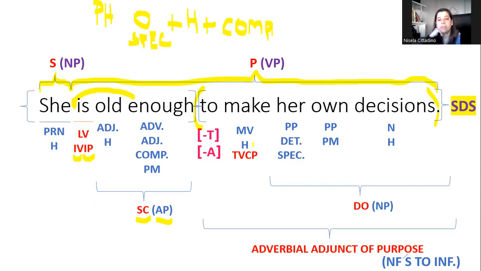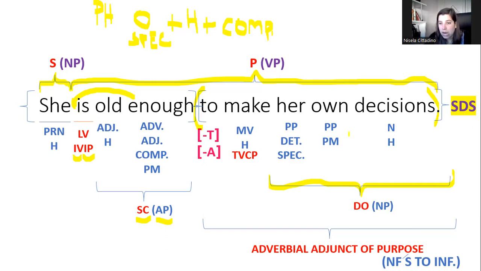And it is a transitive verb because to make what? We need an object. So that makes it a transitive verb of complete predication, because notice that after the direct object, there is nothing else. So she's old enough to make what? Her own decisions. So her own decisions is a direct object, okay?